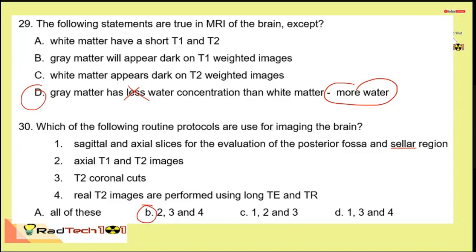T2 coronal cuts and T2 images are performed using long TE or long time of echo and time of repetition. So, this one is wrong because it should be coronal and sagittal for sella region. Dapat coronal and sagittal, not coronal and axial.